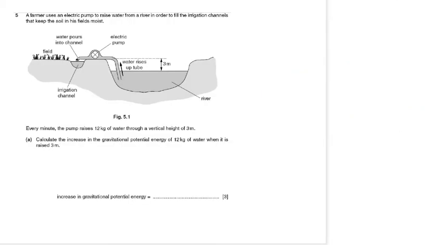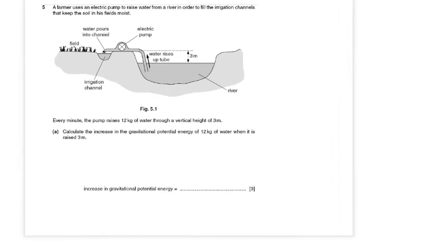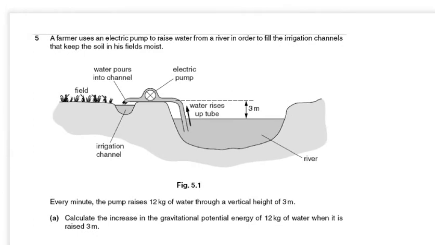Now we want to do a quick problem with gravitational potential energy, and here's what we have. A farmer is using an electric pump to raise water from a river in order to irrigate his channels and keep his soil moist for his field over here. He's using this pump, and water comes up, it goes into his irrigation channel. The water has to rise through a height of 3 meters.